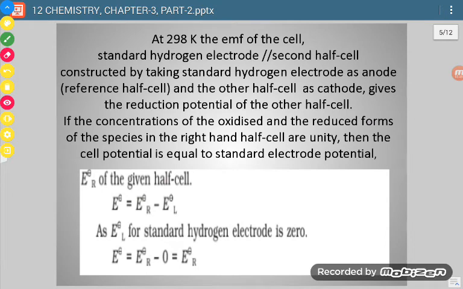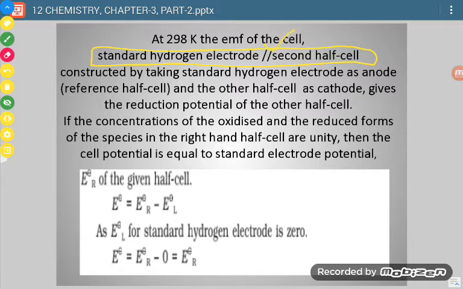Now if we have maintained a temperature of 298 Kelvin, it is known as room temperature. Actually 25 degrees Celsius is called room temperature, so 25 degrees Celsius means 298 Kelvin. So the cell can be represented like this. When we are connecting a half cell with this, it will be represented like this.